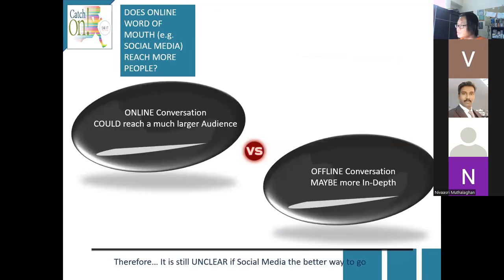Basically, between these 2 points, at the moment it's still a little bit unclear, but I think you guys understand now. Online conversation can potentially reach a larger audience, and that's the key reason why you want to go online.